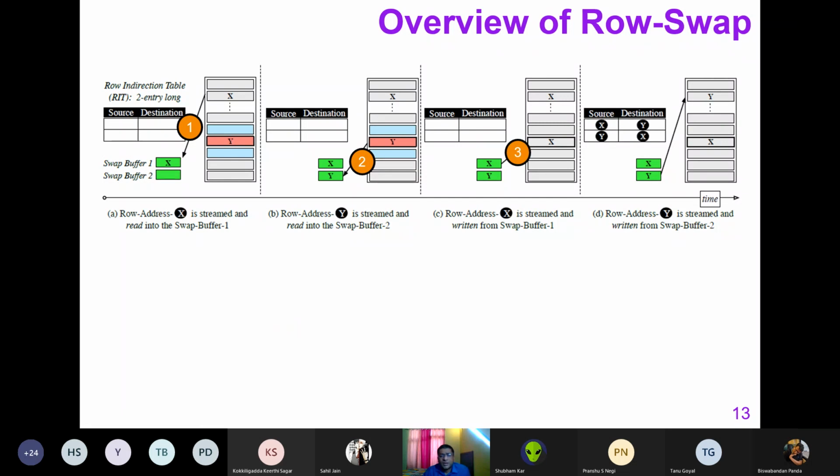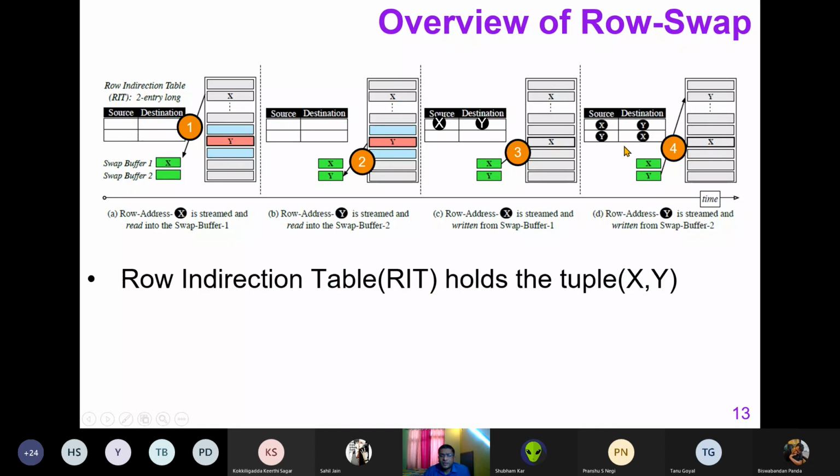Then they are writing back X to the location of Y. Then the source and destination are completely swapped by the fourth step. And this is a tuple list containing X and Y and their source and destination. They are keeping this in a RIT table.